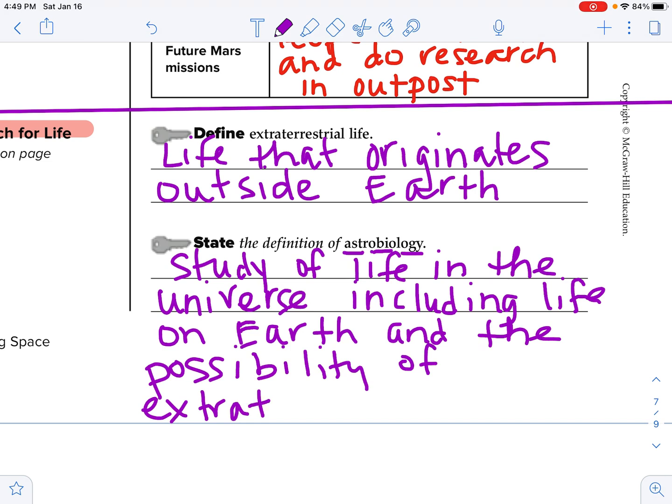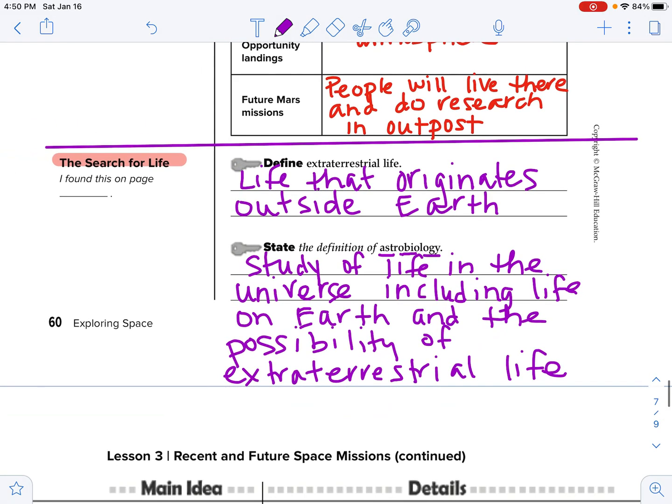Extraterrestrial life. So astrobiology is not the study of extraterrestrial life because we have not found that. Astrobiology is the study of life in the universe, including life on Earth and the possibility of extraterrestrial life.